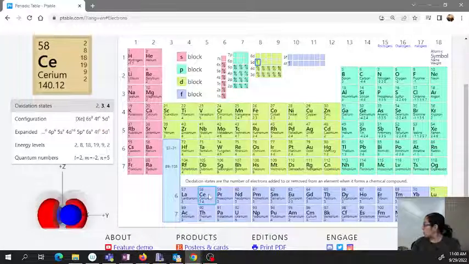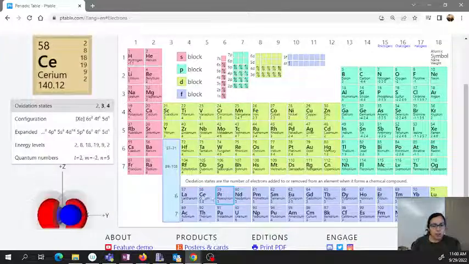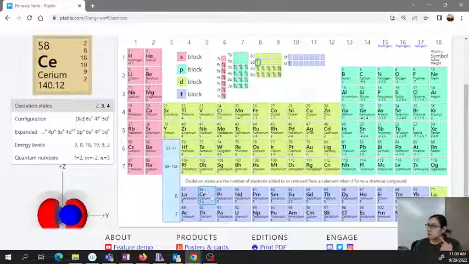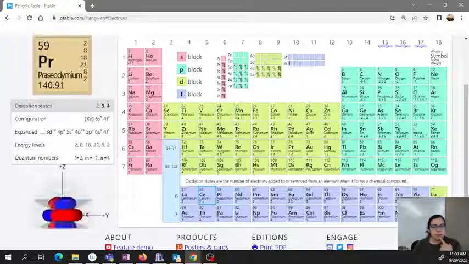So for example, there are some other oddities. If you look at the F block series, cerium is what we would expect. So we started with lanthanum, 5d1. I said cerium would bring us to 4f1, so that's expected.